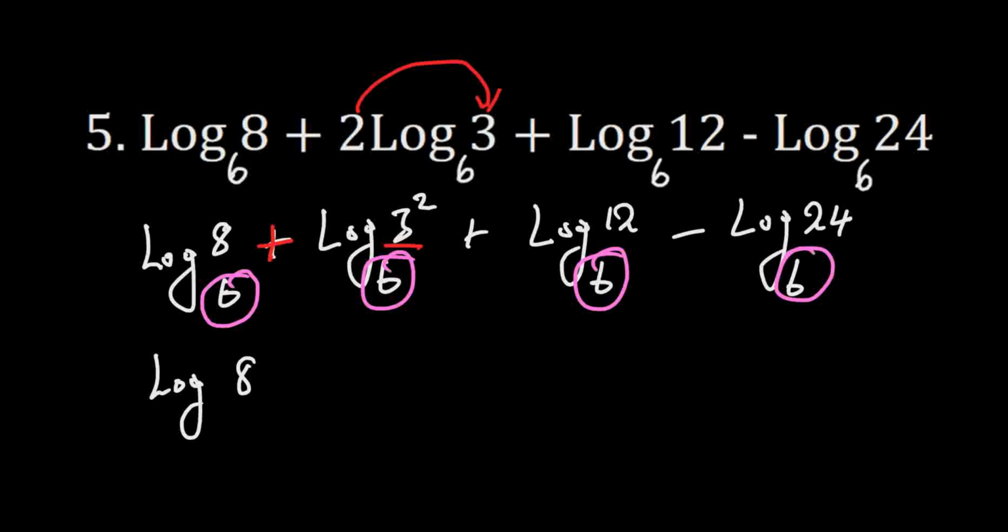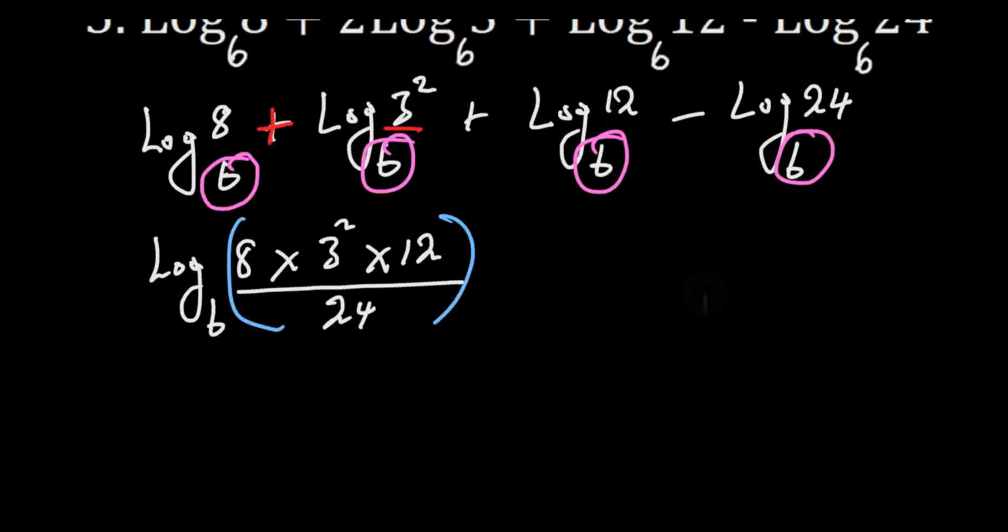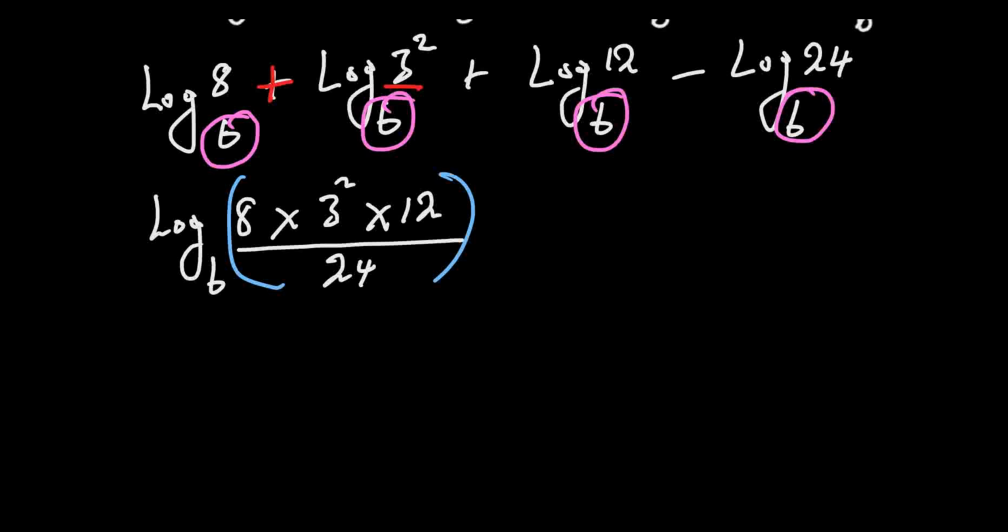So 8 times 3 squared, and we also have a positive sign here, therefore times 12, and a negative sign means division, divided by 24, to base 6. So we can simply put this in a parenthesis and try to simplify that.